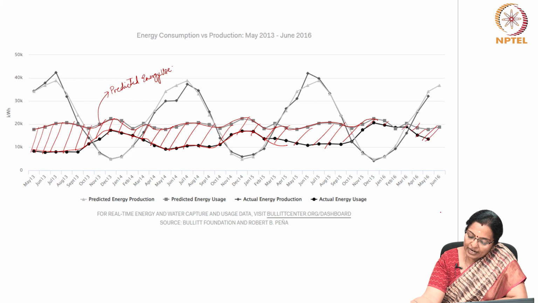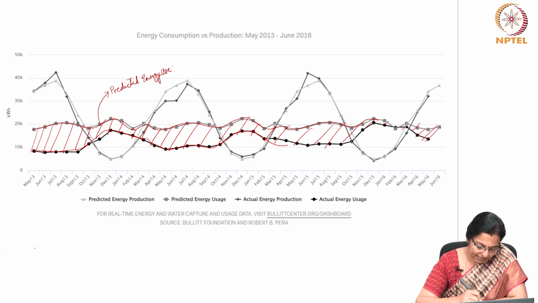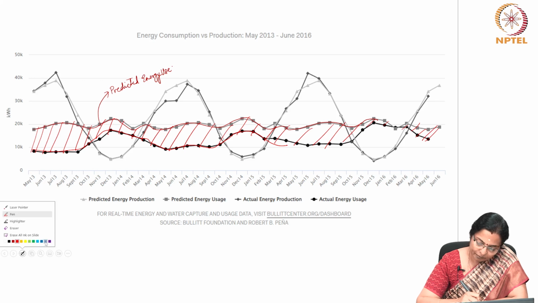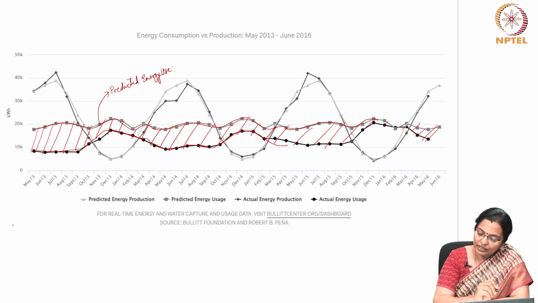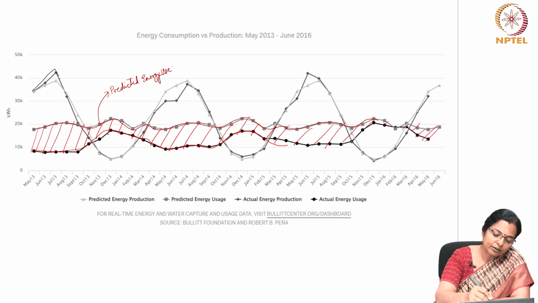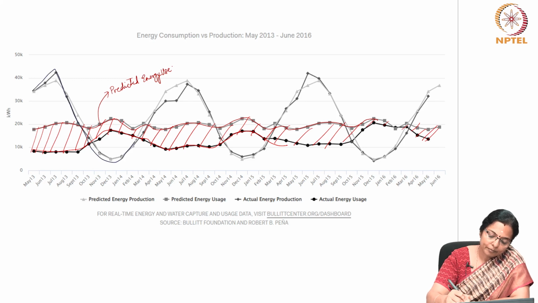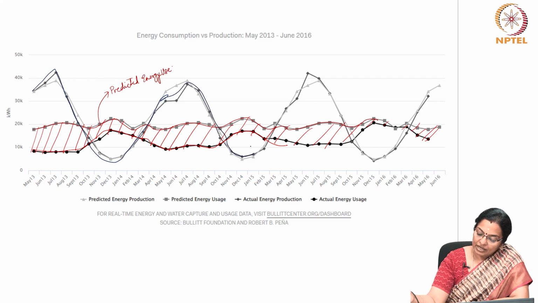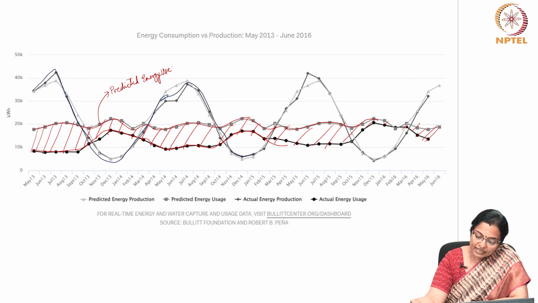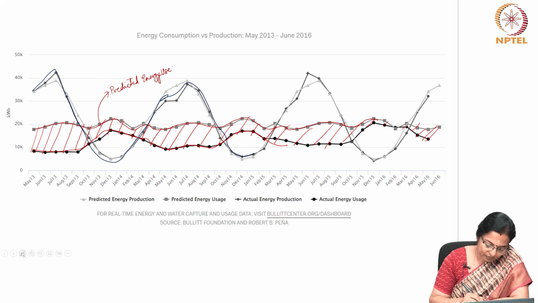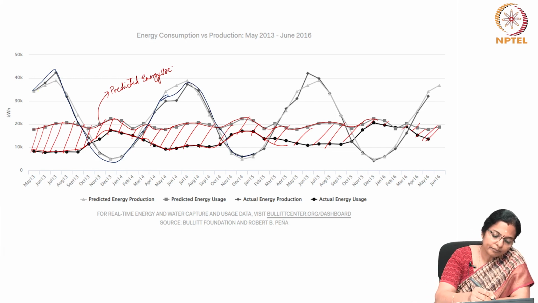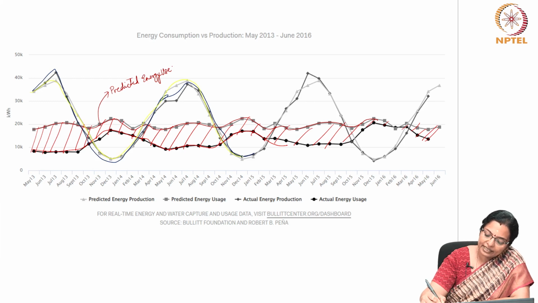Let us now look at the energy production, the actual and the predicted. You can see that the actual energy production of this building follows this line, whereas the predicted energy production, which I will mark in yellow, follows a similar trend.